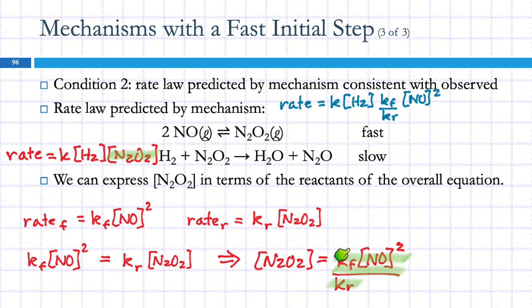This concentration is related to that concentration. I can derive an equation for that, and I can substitute this in here. So now I only have actual reactants in my rate law instead of some intermediates.